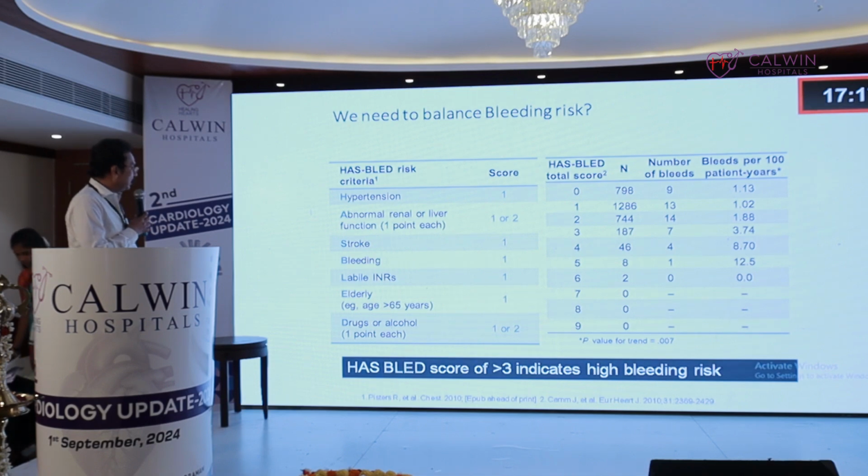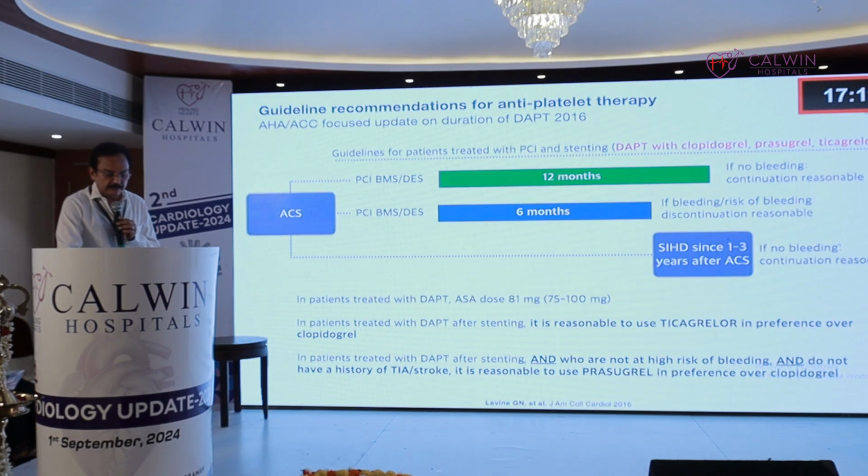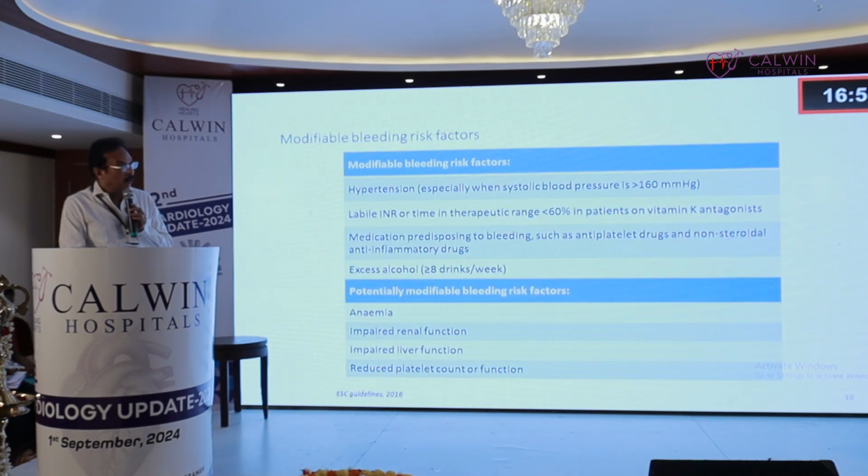Probably these are two important scoring systems which we have, which may not be so useful in our real-time practice. And we know that when somebody has an acute coronary syndrome, today the recommendation for dual antiplatelet therapy is for at least 12 months, unless there are certain conditions where you can bring it down. So keeping this in mind, how to treat?